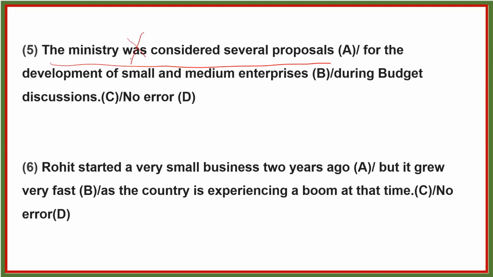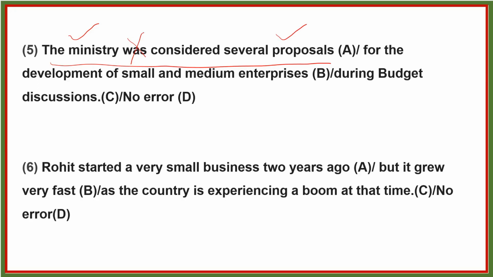Here it should be, the ministry considered several proposals. Generally, this type of helping verb will be there if it is in passive form. So here was is not required because here you can see the subject and the direct object. So the ministry considered several proposals is the correct form. So here the error is in part A.